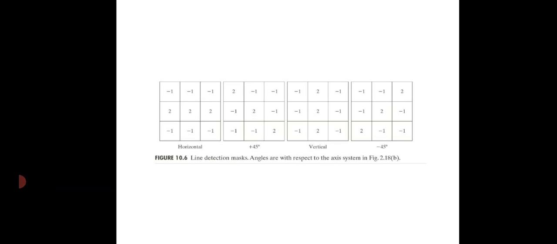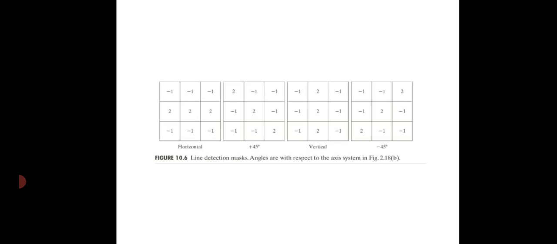For example, if at a point in the image the magnitude of R1 is greater than the magnitude of Rj for j equal to 2, 3, 4, that particular point is said to be more likely associated with a horizontal line.